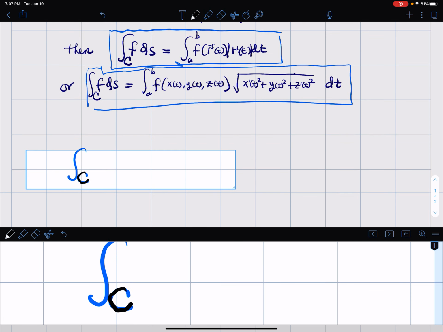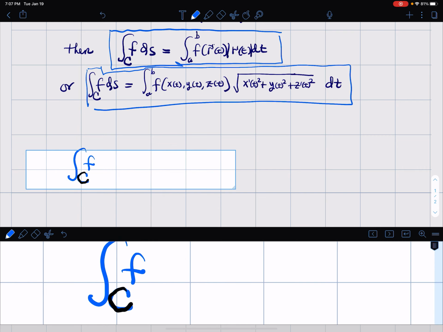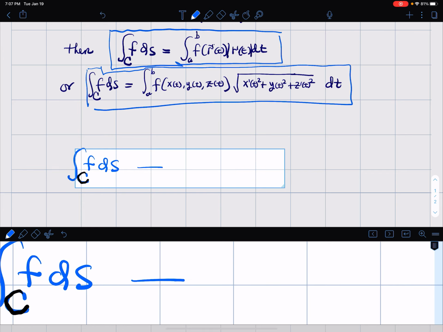The integral over this curve of a function f, ds, where s is a way of noting the position along the curve. So this is called a line integral.